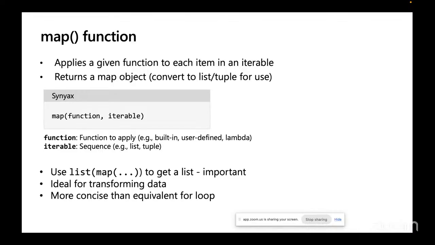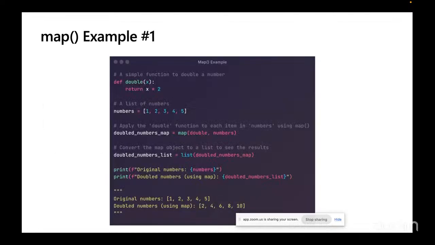That's very important. If you want to transform data, this will be used. You can do the same thing with a loop as well, but this is easy to read and easy to use.